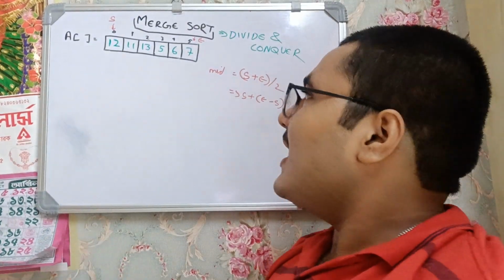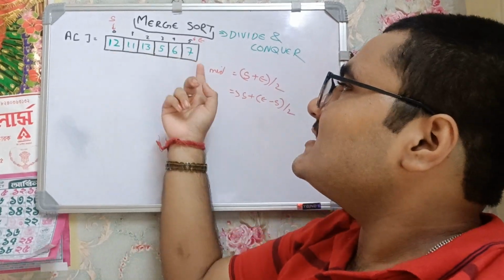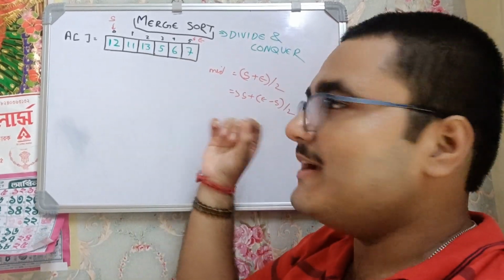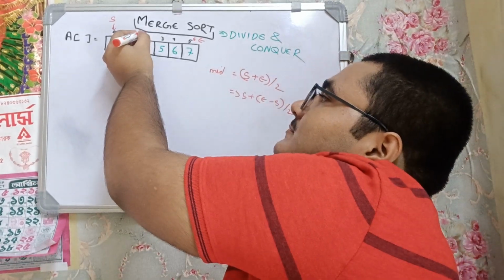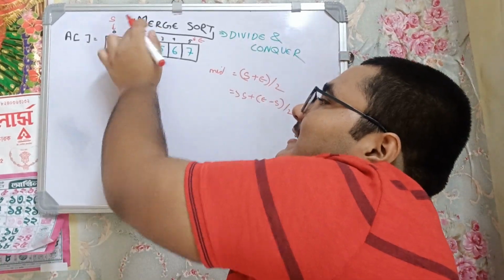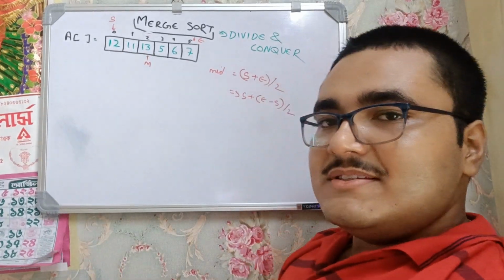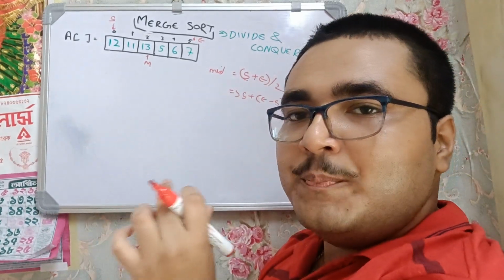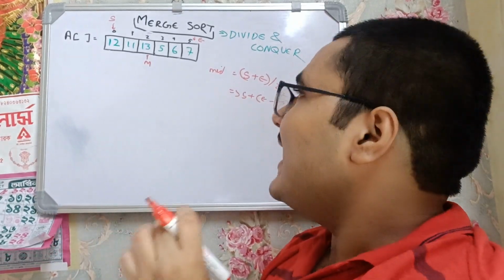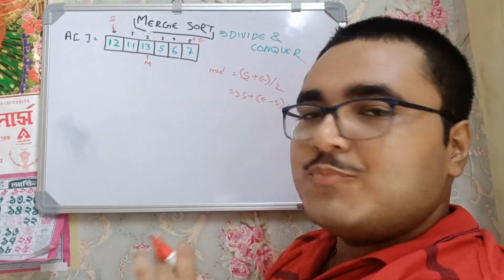Fine. So ultimately what is our mid here? 0 plus 5 by 2, so 5 by 2, that is 2. The mid occurs at 2. So this is our midpoint. That means from 0 to mid will be one portion, and from mid plus 1 till the end will be another portion of the array.